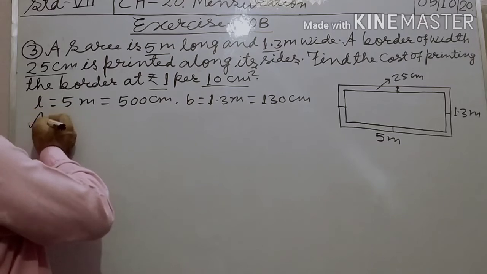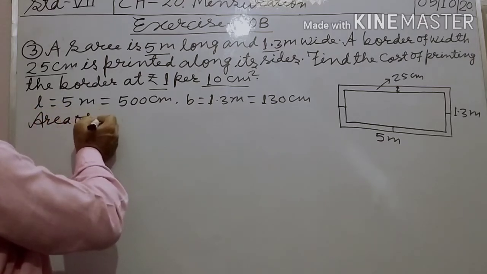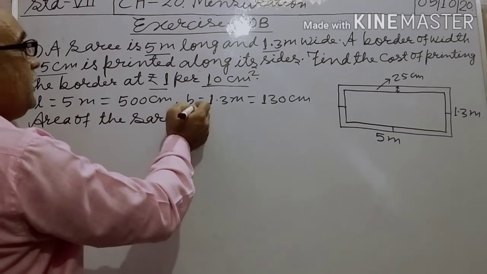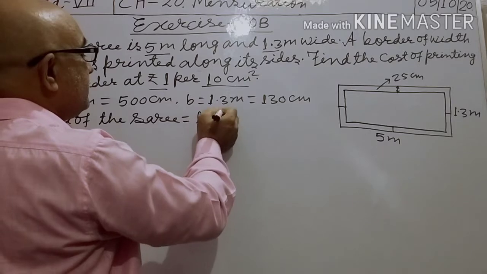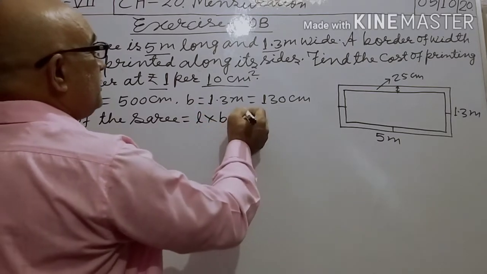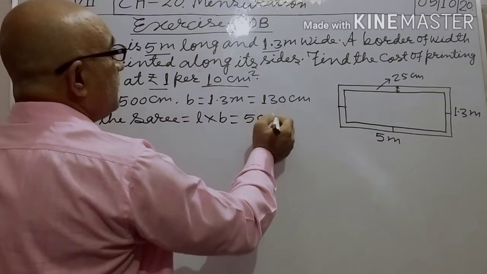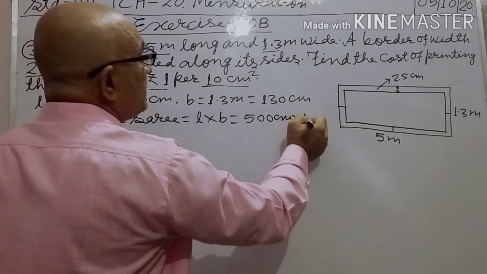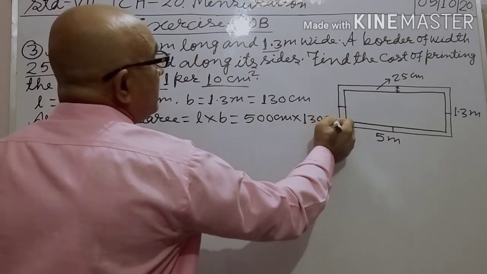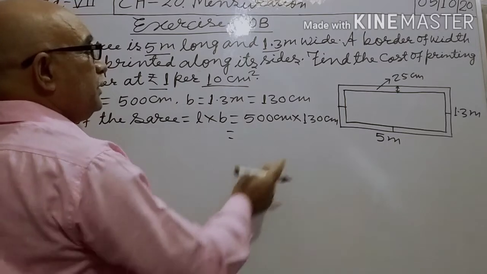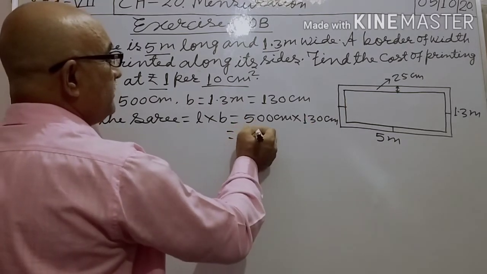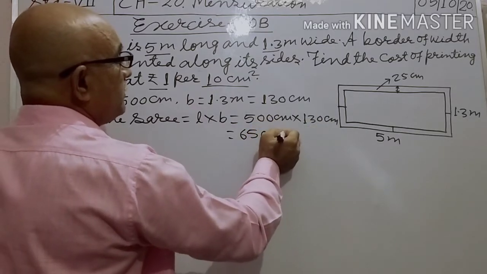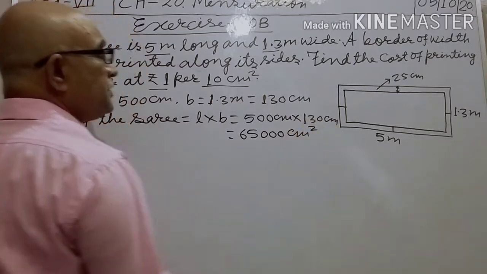Now area of the side equal to L into B. L into B equal to 500 cm into 130 cm equal to 65,000 cm square.